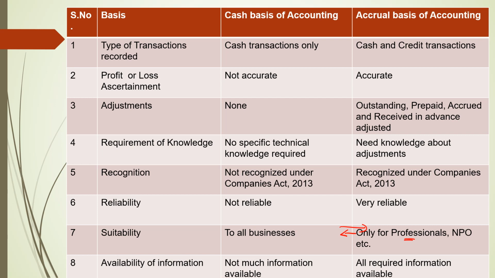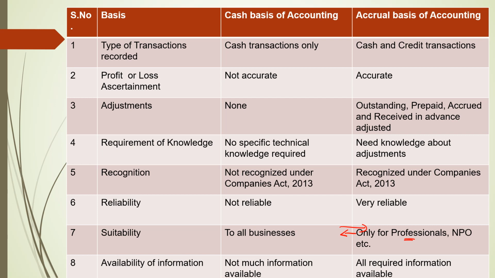So whatever is due, either to be received or whatever is owed, that information would not be available. But when accrual base of accounting is followed, all the required information for the different users of accounting information would be readily available for taking their economic decisions.